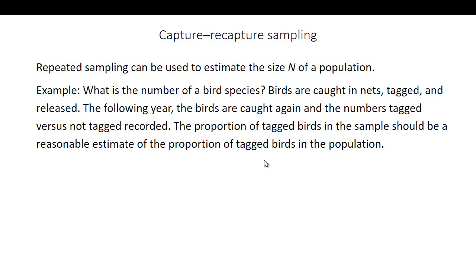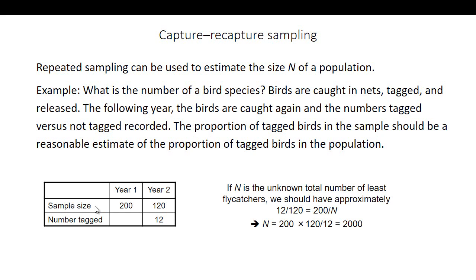And the following year we can catch some birds again, and then we can look at how many birds are tagged and how many birds are not tagged in the second year, and then the proportion of tagged birds in the sample should be a reasonable estimate of the proportion of tagged birds in the population.